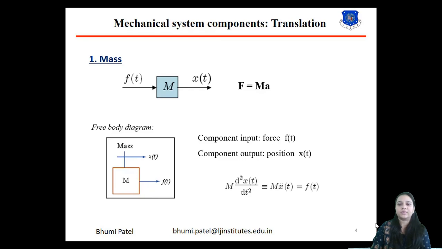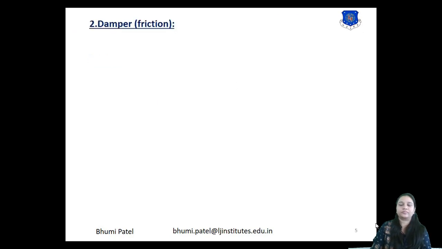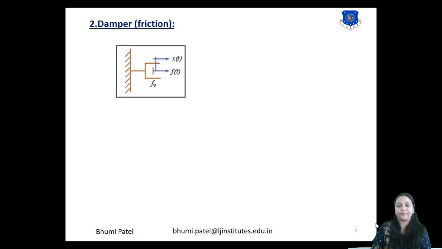As soon as the displacement of the body takes place, the direction of such a force is opposite to the acceleration. So, the equation will become f(t) = m d²x(t)/dt² = m ẍ(t). Next is the damper.